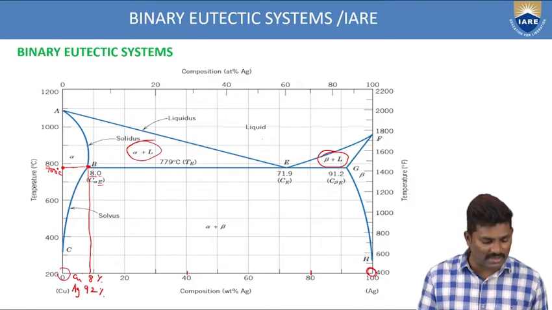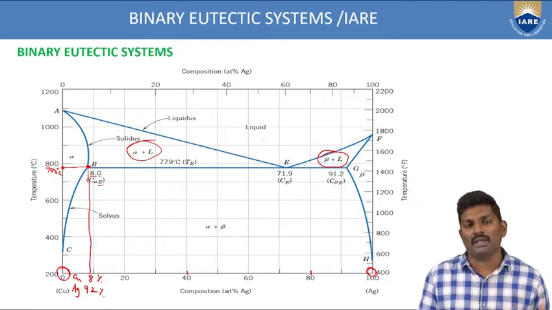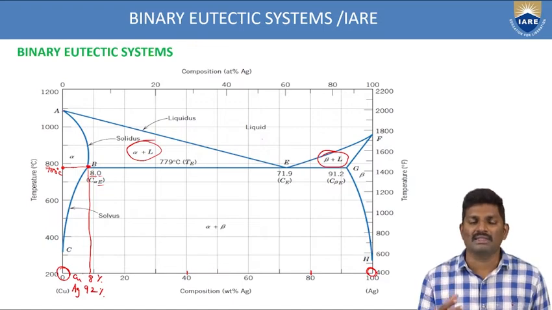And if you go to the extreme left side, you have a rich composition of copper. So copper with liquid is the alpha plus L zone, and compared to extreme right, you have the rich composition of silver. So silver plus some liquid. So this is the 2-phase system what you are having. So totally you have 5 phases in this binary eutectic system. 3 single phases and 2 double phases.